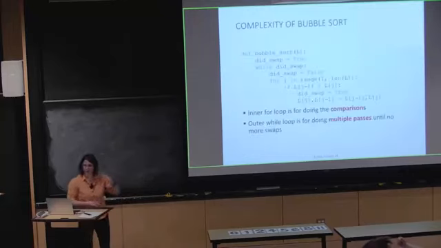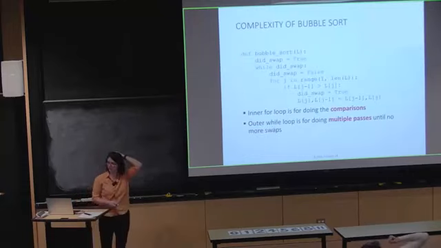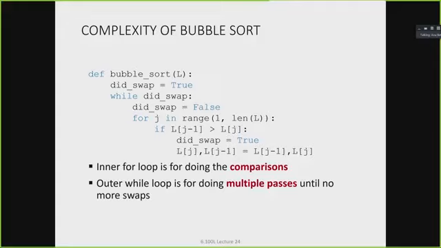Okay? So the code looks something like this. I've got a Boolean flag here that keeps track of whether or not I have done a swap. If I've done a swap, then I know I need to go through and double check that everything is still in order by comparing index i and i minus 1.